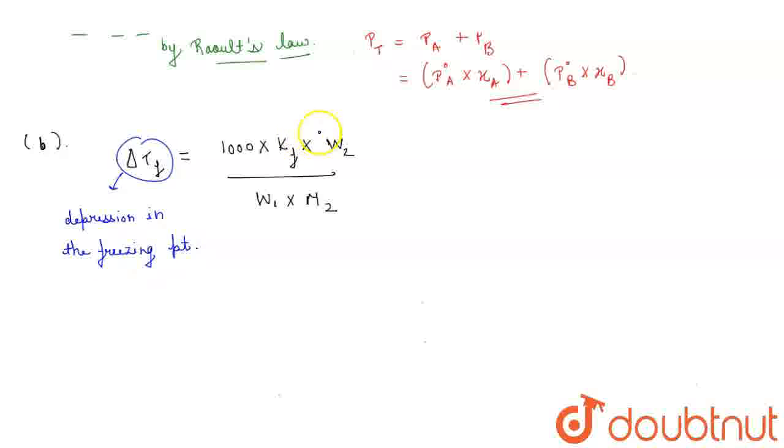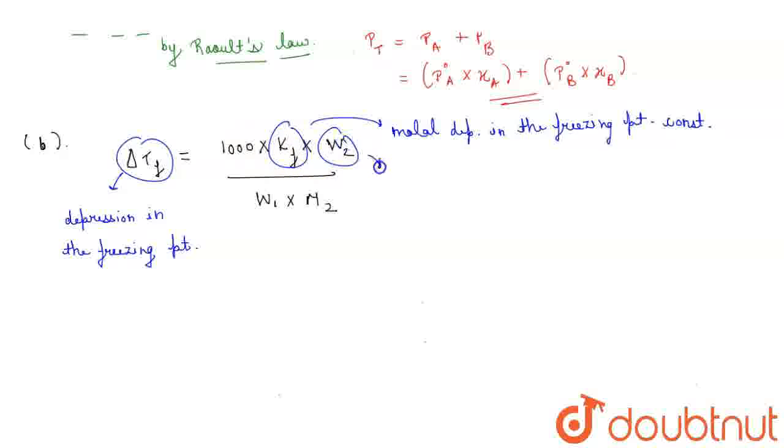Kf represents the molar depression in the freezing point constant. W2 is the mass of the solute.